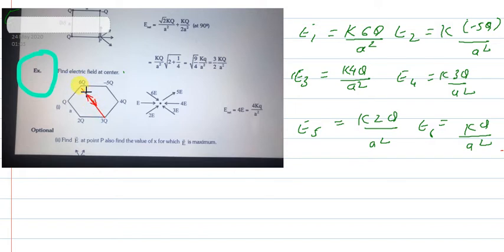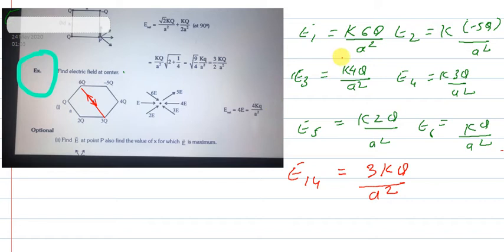So both are vectors and opposite in direction. So the total resultant will be E14. So the electric field because of these two charges, I will write here like this. E14 is equal to 6 minus 3, that means 3kq by a square.